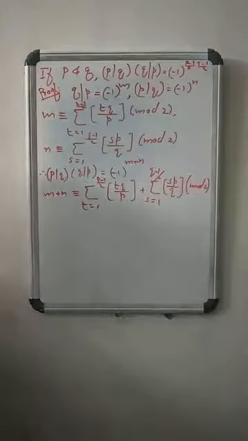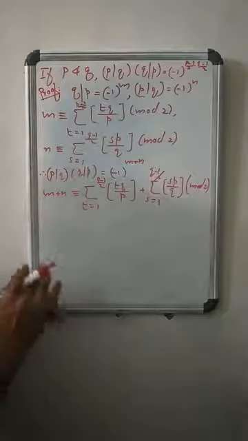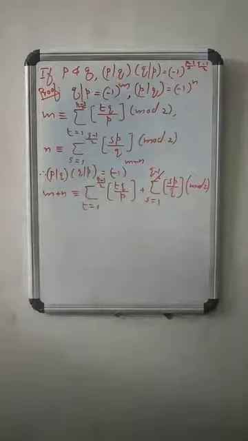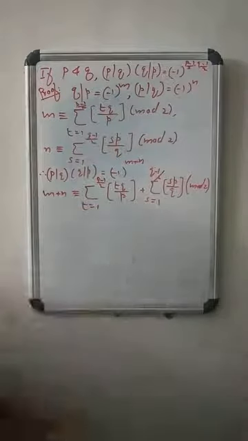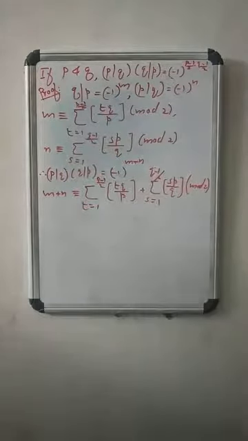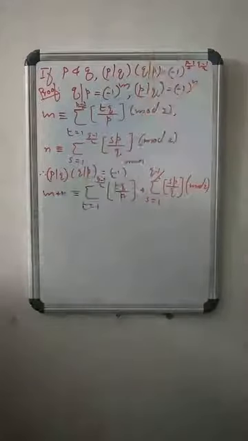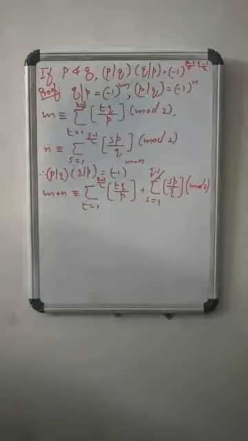Now it remains to show that this sum over t from 1 to (p minus 1)/2 of tq/p plus the sum over s from 1 to (q minus 1)/2 of the integer part of sp/q is nothing but minus 1 to the power (p minus 1)/2 times (q minus 1)/2. That is what remains to show.